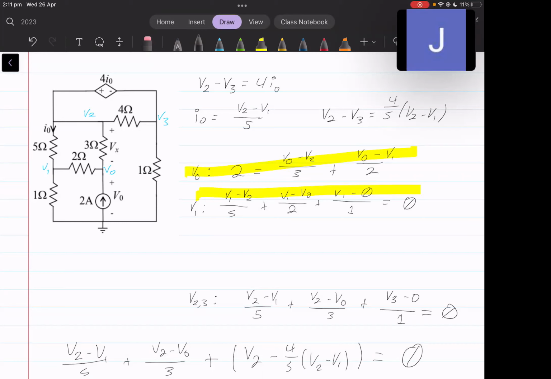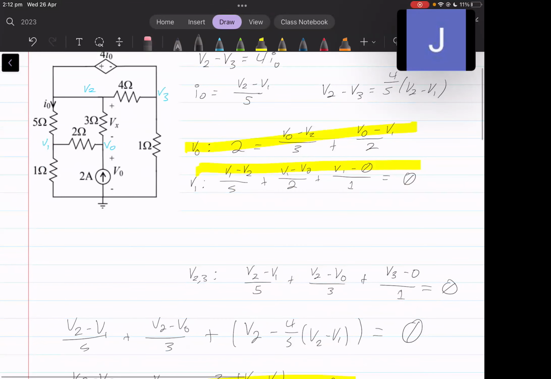So it doesn't matter which way we assume the current flows, because if we write it this way, it'll be a negative current flowing in, or in this case, you probably end up with a negative voltage for Vx. So when you define those things, it just ends up putting plus or minus how it is. You can do it however you want, as long as you end up being consistent throughout.